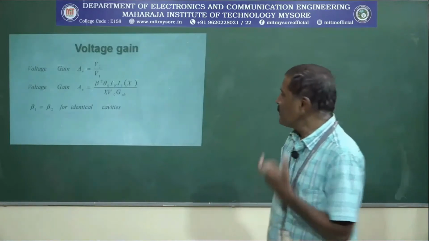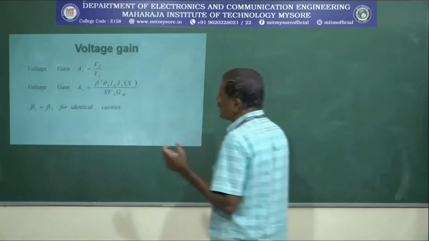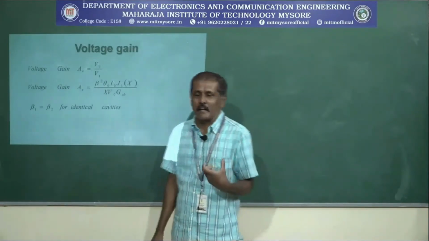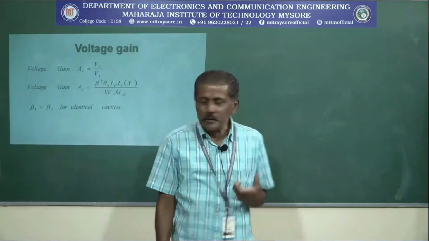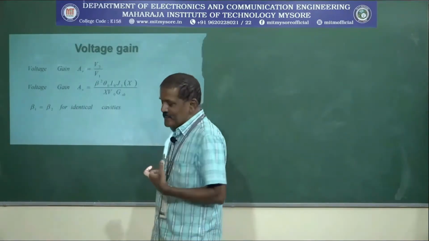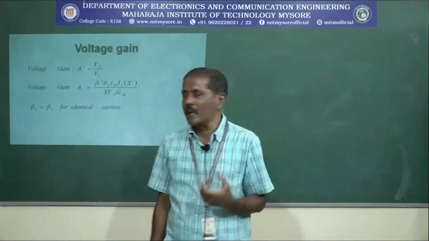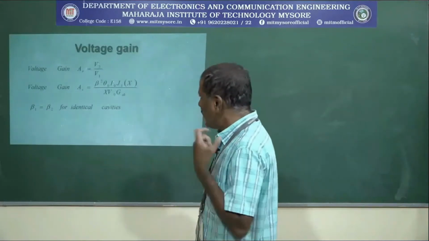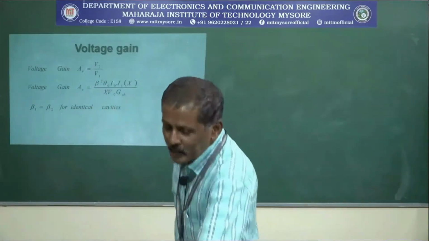B1 equal to B2 for identical cavities means you have two cavities, one is a buncher cavity and the other one is the catcher cavity, and B1 is the coupling coefficient of the buncher cavity and B2 is the coupling coefficient of the catcher cavity. For the identical case, the coupling coefficient of the buncher cavity and the catcher cavity has to be equal. Therefore, B1 equal to B2 has been taken.